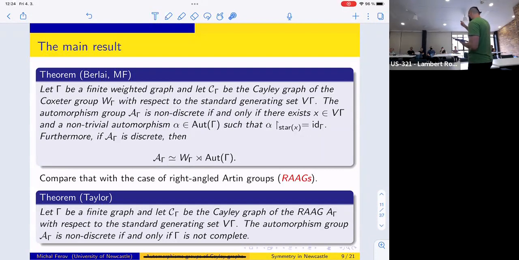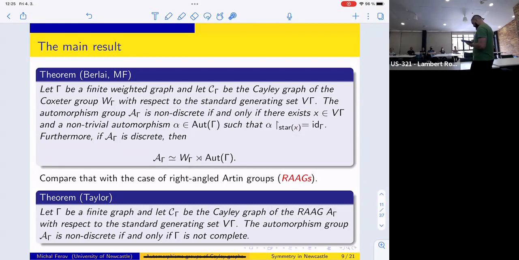So as soon as there are two vertices that are not connected, that's enough to conclude that there are uncountably many automorphisms, that you get some non-trivial topology. So that's a very different setting. Originally I was thinking, let's just do it in the context of right-angled Coxeter groups, and it should be the same, identify some subgraph that if it's embedded in there, that's enough. And we found out that no, that's not the case at all.